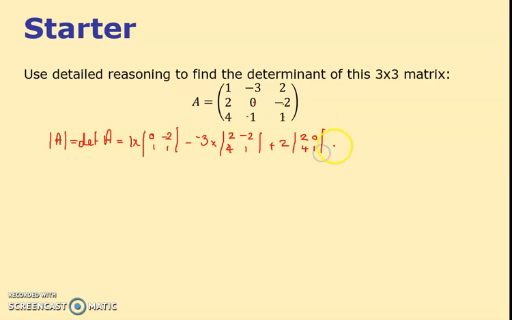So I can work out each little part. It's 1 times, so I don't need to worry about that. And then I'm just going to do 0 times 1 is 0, minus 2 times 1 is minus 2. Very easy to go wrong on those.